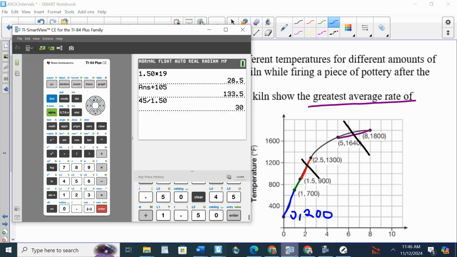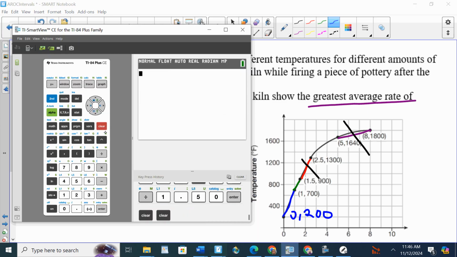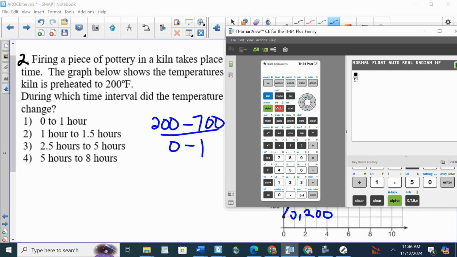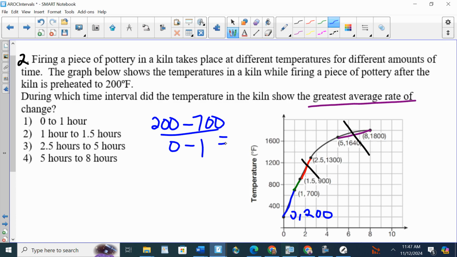I can pop that into the calculator if I need to. 200 minus 700 over 0 minus 1, and I have 500. So the average rate of change for the blue is 500.